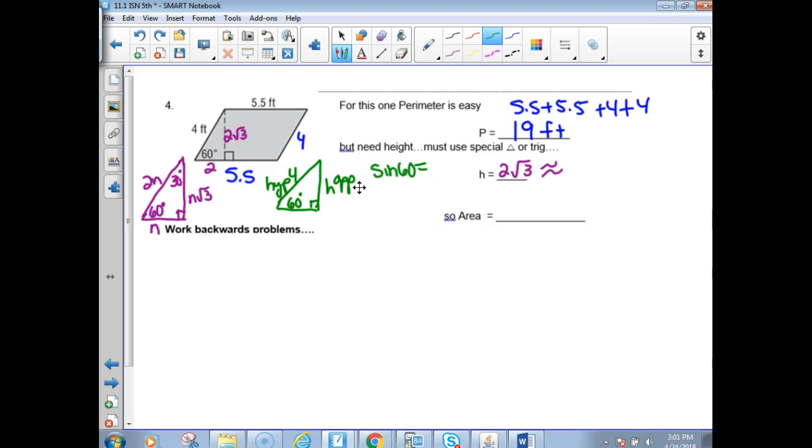Sine of 60 equals opposite over hypotenuse, h, the height you want to find, which is not, I'm not using h for hypotenuse, guys. It's the height of the figure for the formula we're doing. And then 4 would be the hypotenuse of that triangle. So then you would calculate it. 4 sine 60 equals the height.